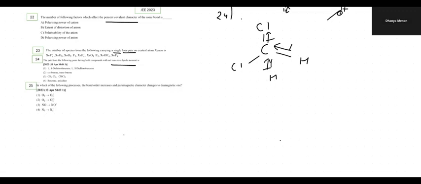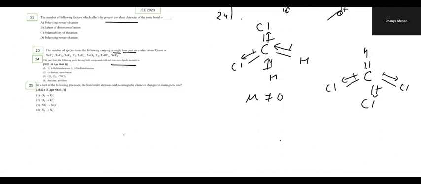So mu is not equal to 0. Okay, and CHCl3, we have drawn this in one of the previous questions also. Here also they are not cancelling. So here mu is not equal to 0. So this is our answer. Okay.